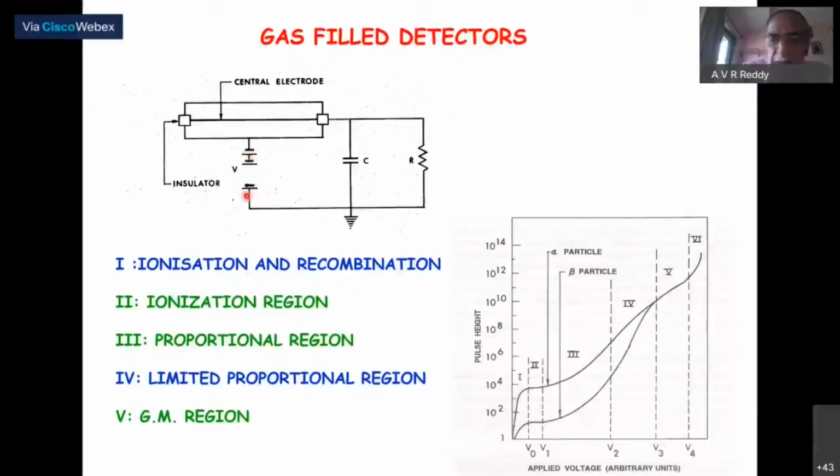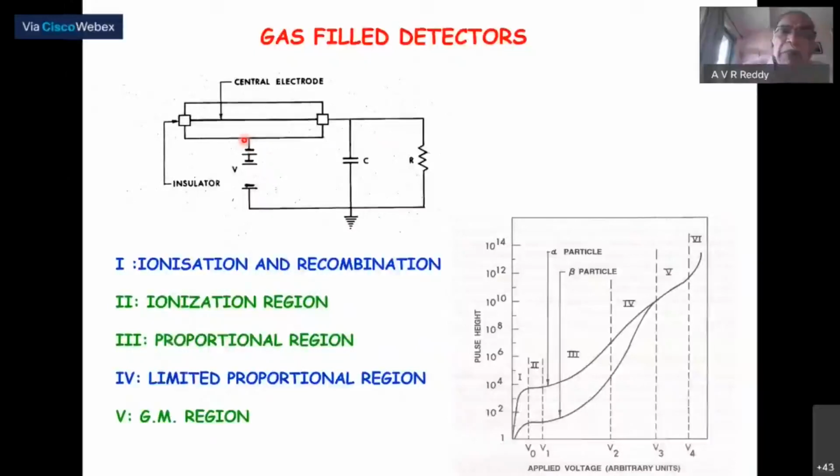A voltage is applied here, and the ionization produced is measured as charge across a capacitor, which will be discharged across a resistor, and we create either a voltage pulse or a current pulse, depending on our applications. This is the general principle and a pictorial block diagram of a gas filled detector.